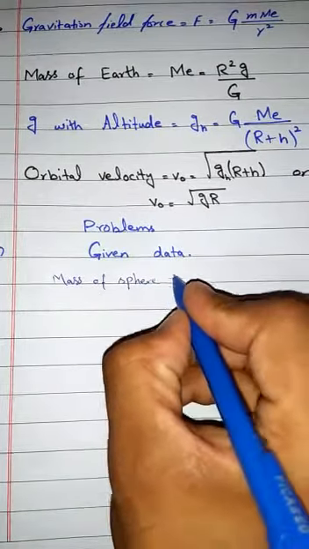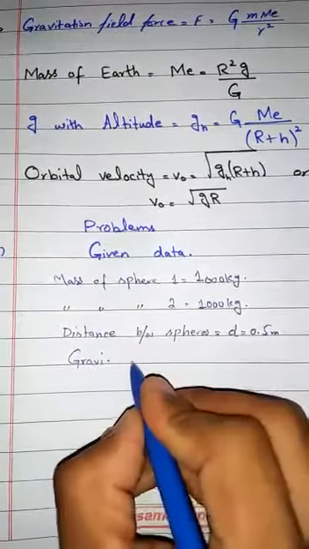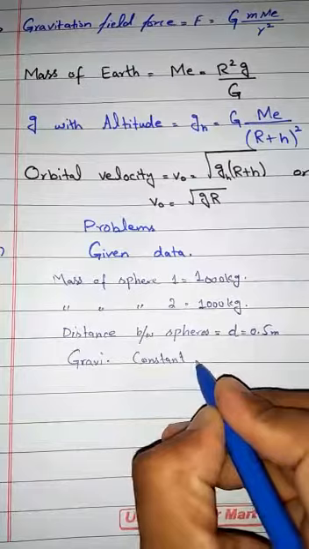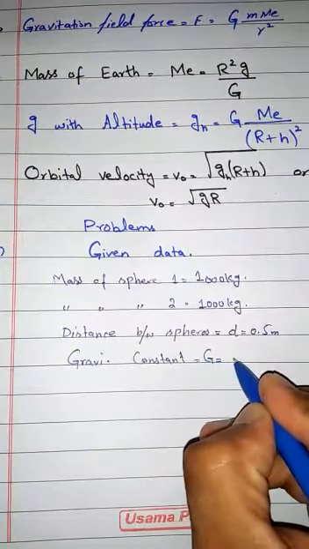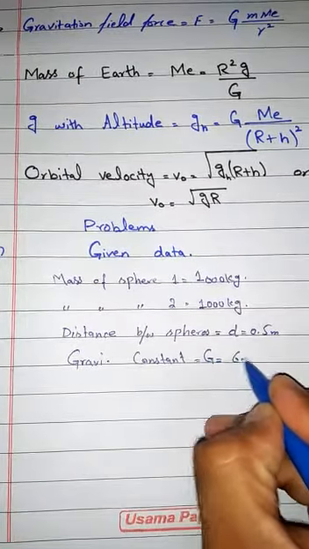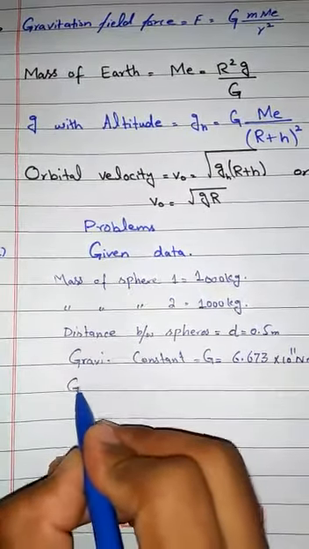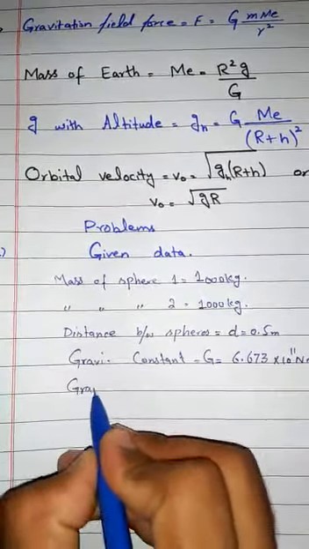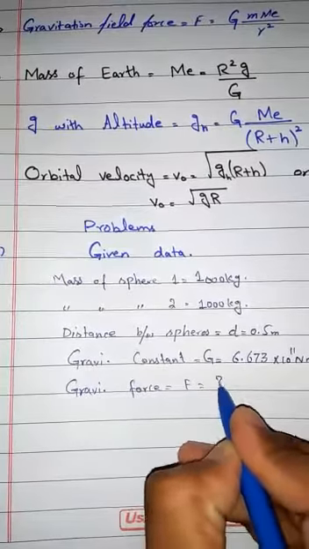Now the distance between the spheres is d, 0.5 meter, and we know very well that the gravitational constant G is always 6.673 multiplied by 10 to the power minus 11 N m² per kg², and we have to find the gravitational force F.